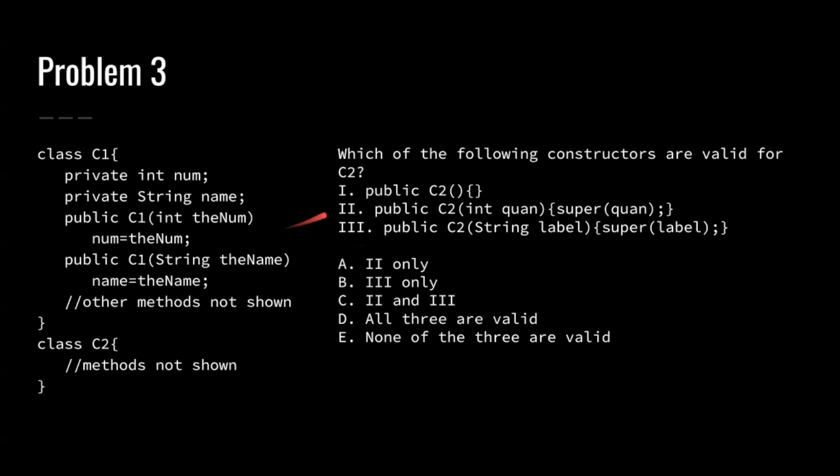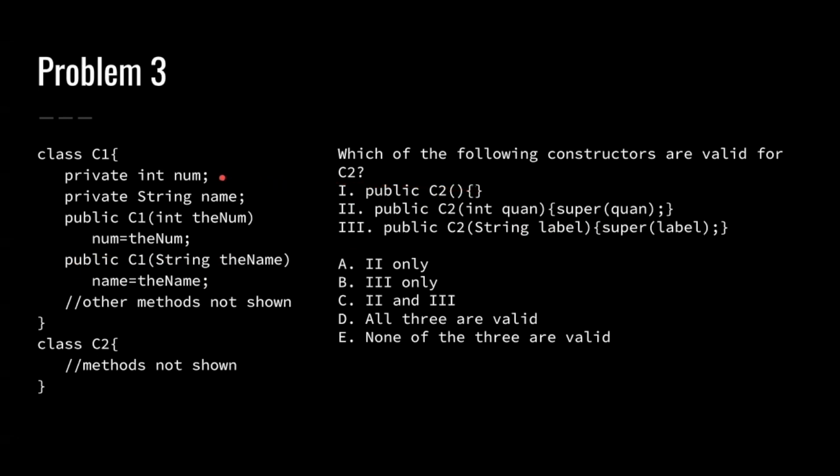Now what about number 1? That would not be valid because you have to call a superconstructor. If you don't call a superconstructor, that would only work if there is a default constructor in C1. So since we don't have the superconstructor here in 1, then it would try to call super of no parameters.